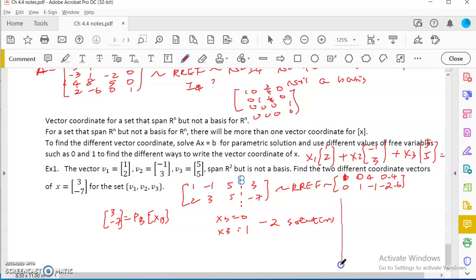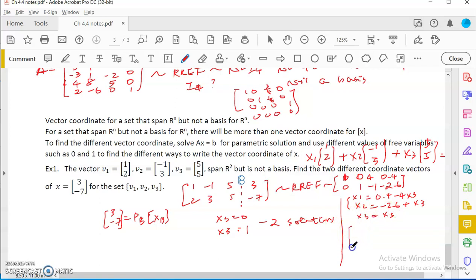Now this system can be written as x1 = 0.4 - 4x3. x2 = -2.6 + x3, because it was minus x3 equal to this. And x3 is equal to x3.